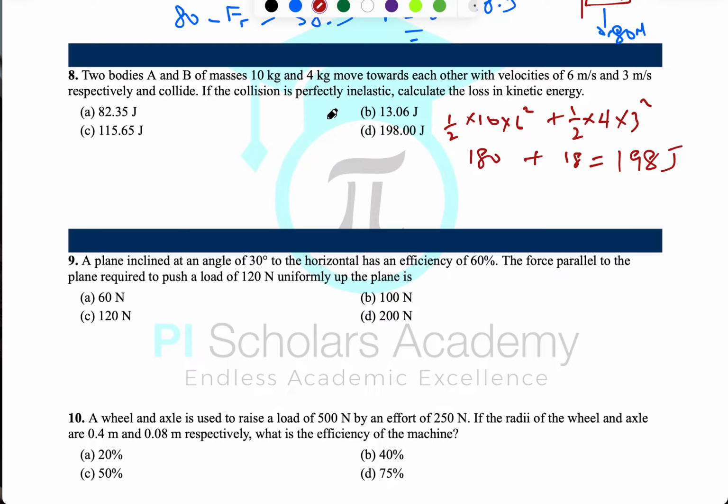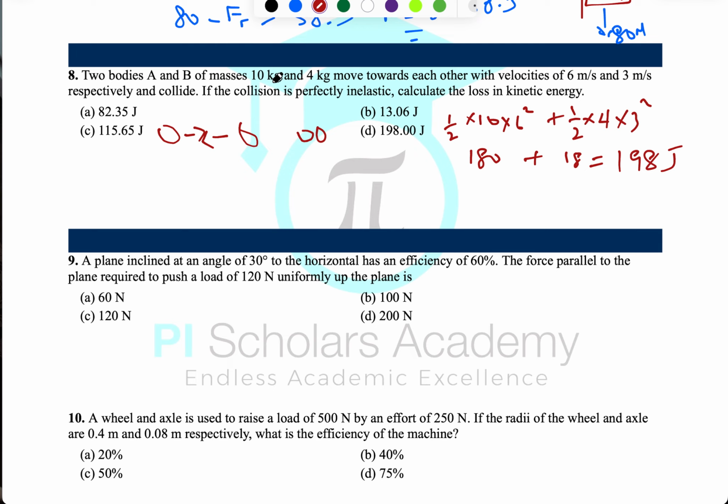To say it is perfectly inelastic means that one is moving like this, one is moving like this. When they collided, they got stuck together. Because both of them are moving towards each other, one will have a positive momentum and the other will have a negative momentum. The one with positive will always be the one with the greater momentum.